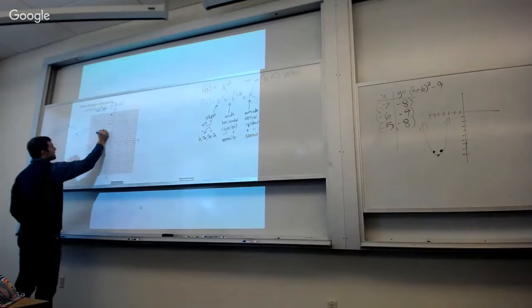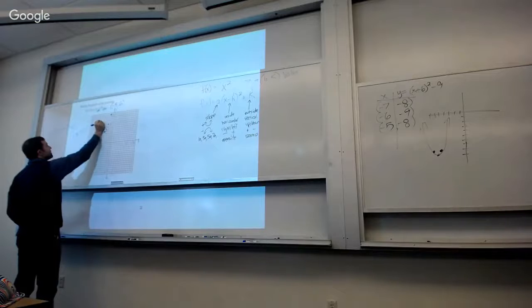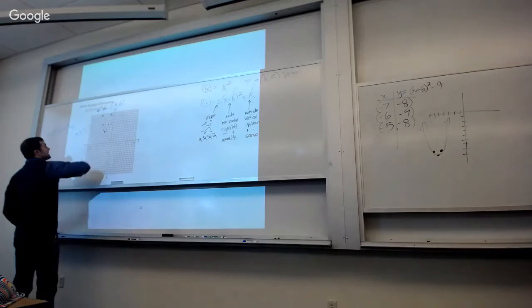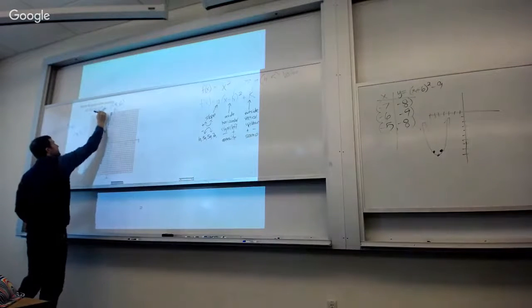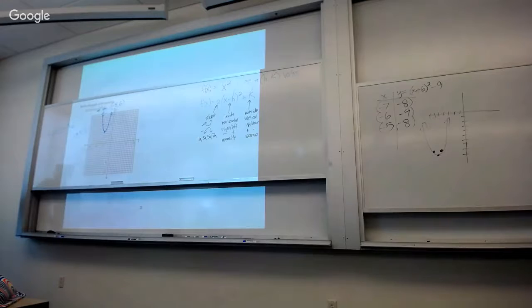So then I would go left 1, up 1, left 1, up 3, left 1, up 5. And that's as far as I can go. And that would be your parabola, which is just way more time efficient than doing a table of values.